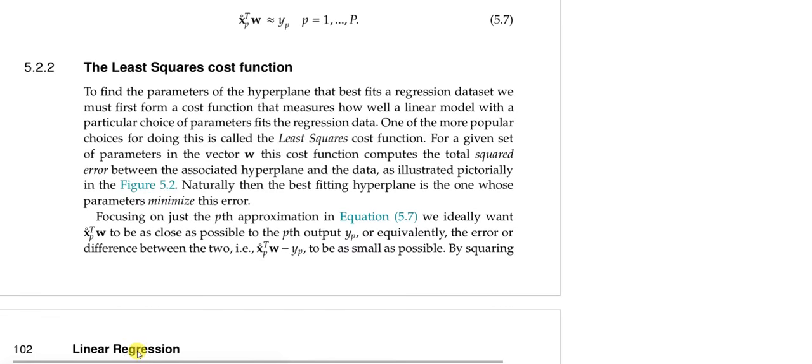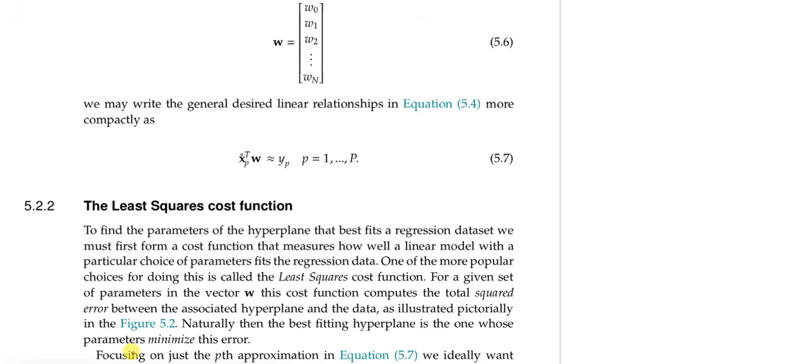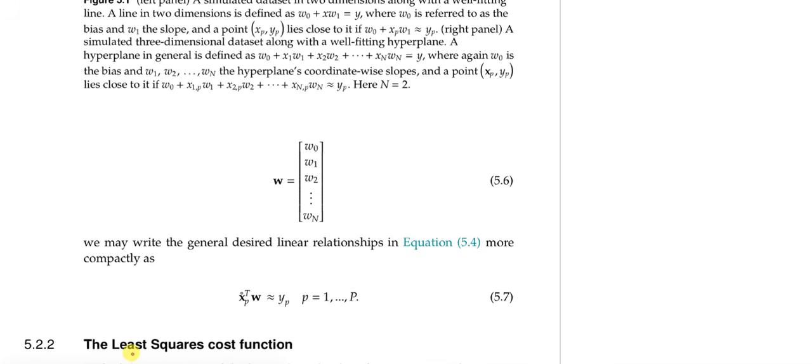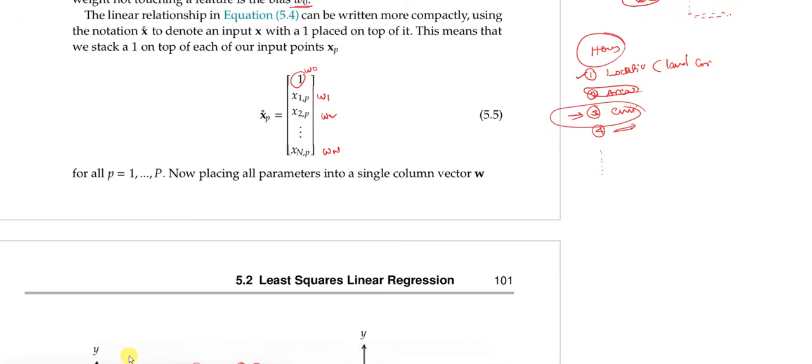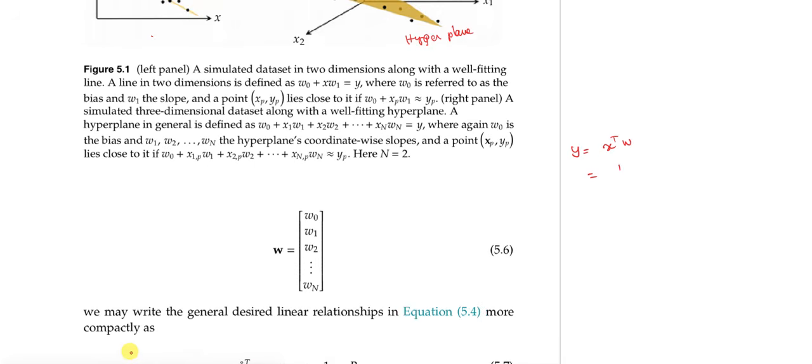So we may write y equals x transpose w. Here x transpose is, as already mentioned, 1, x1p, x2p, and so on xnp, times w0, w1, and so on wn.